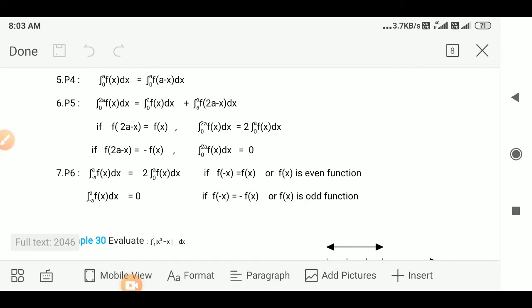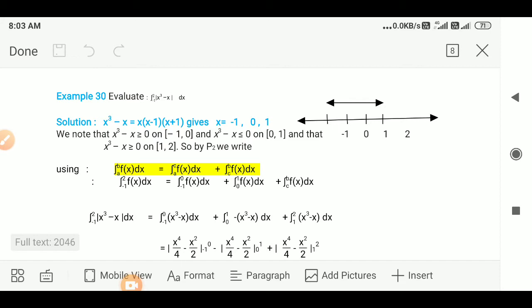In case the function is odd, f(minus x) is equal to minus f(x). In that case, the definite integral value will be 0, but the limits must be minus a to a. Thus, we have these 7 properties, and we will use all of these in solving the questions.